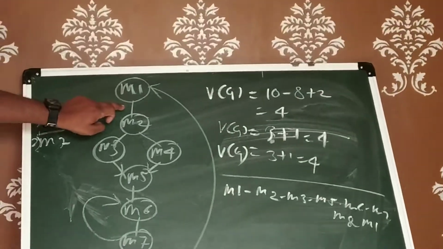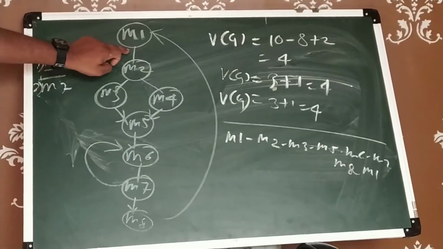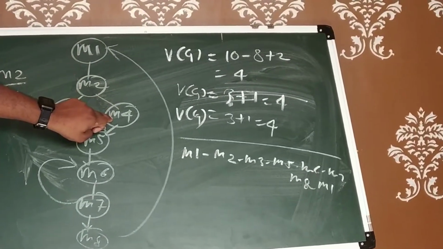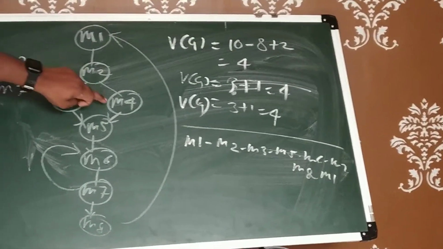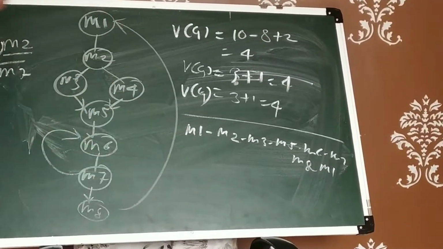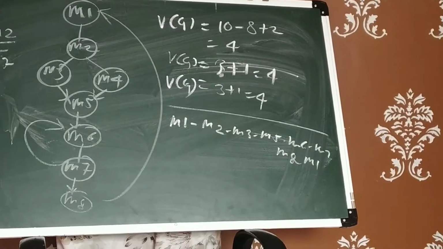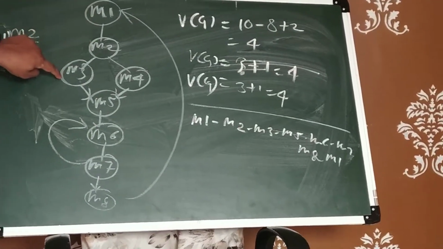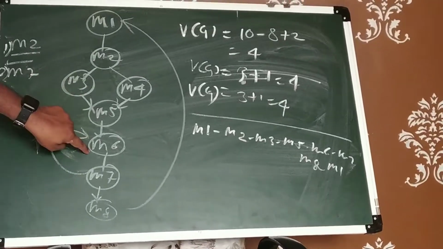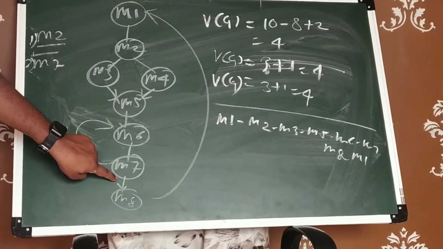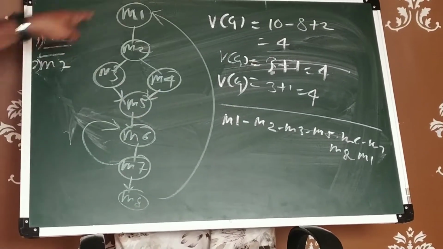So now we will follow this path, M1, M2, M4. Okay, so M1, M2, M4, M5, M6, M7, M8, M1. This is another path.